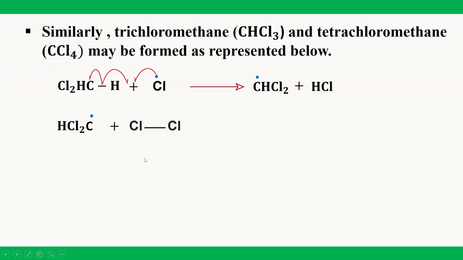Homolysis of this chlorine molecule takes place. A Cl free radical formed here joins with this CHCl2 free radical to form CHCl3, and again a Cl free radical is also formed.